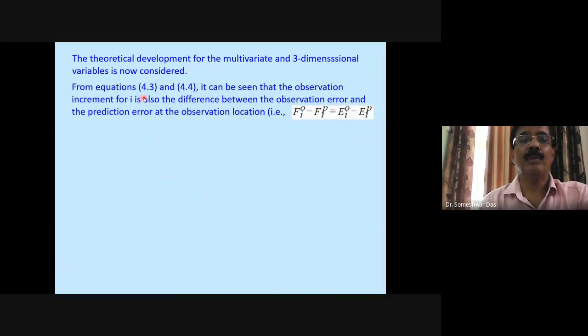From equations 4.3 and 4.4, if you want to go back, you can see later on the slides. The equations 4.3 and 4.4, it can be seen that the observation increment for I, that is the location of observation, is also the difference between the observation error and the prediction error at the observation location, that is FIO minus FIP is equal to EIO minus EIP. Okay.